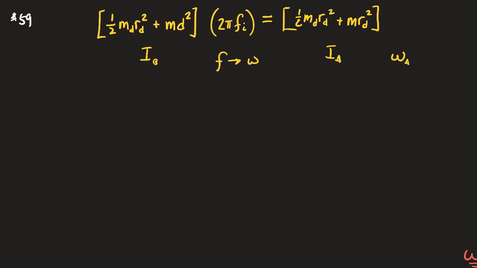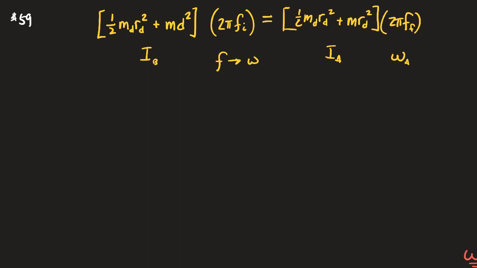Omega after is going to be 2 pi times the final frequency, which is what they ask for. So we've written the 2 rotational inertias of the disk, and we've created an expression to figure out the final frequency of the spinning disk. We could solve for it.